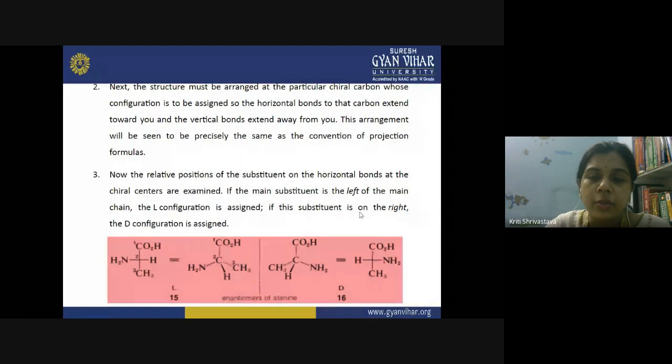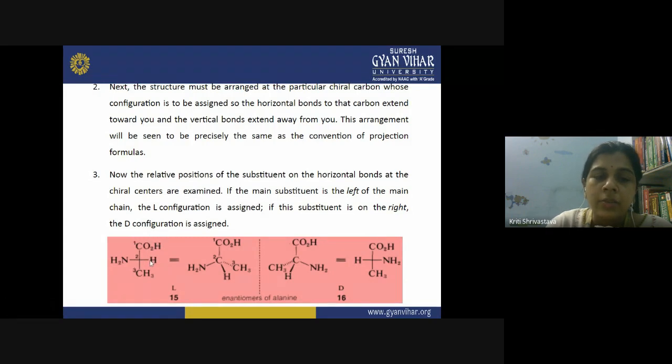So first, you arrange your carbon chain, then according to the IUPAC rule, you give numbers to the chain. Now you will find out on which carbon atom you want to assign this D and L configuration. Then you will convert the structure like this, and you take the vertical line for the groups which are away from us, and the horizontal line containing the groups which are towards us, towards the viewer.